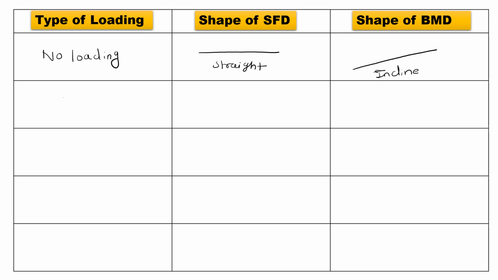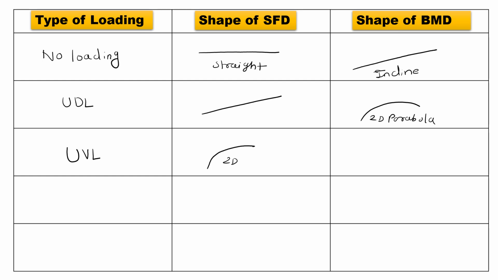Then second, for UDL, uniformly distributed load, the line is inclined for the shape of SFD, and 2D parabola for BMD. Then for UVL, uniformly varying load, 2D parabola for shape of SFD, and 3D parabola for BMD.